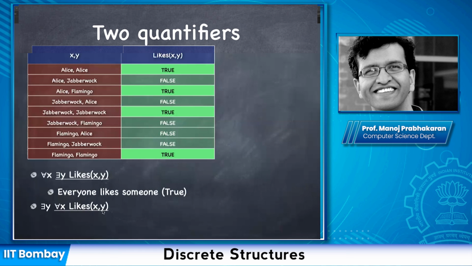Every x likes this y. So there is some y who is liked by everyone. And that unfortunately is false. Jabberwock likes itself, nobody else likes Jabberwock, and Jabberwock likes nobody else. So there is nobody who is liked by everyone. So that's a false statement.